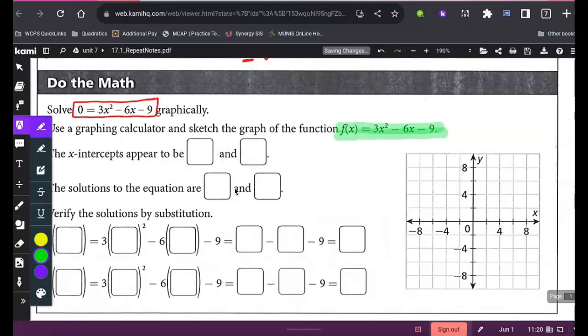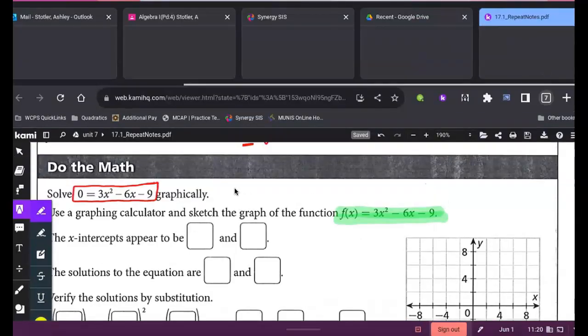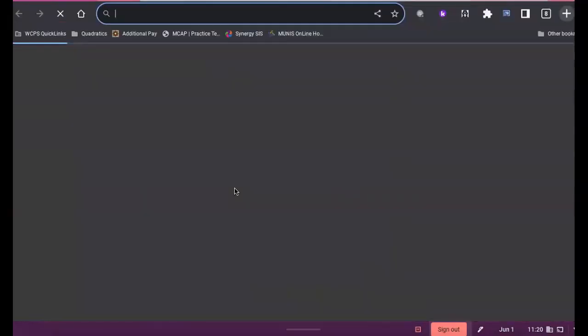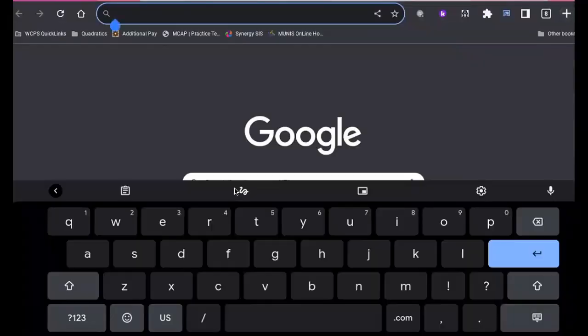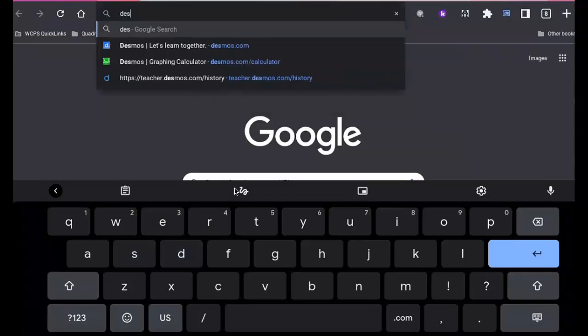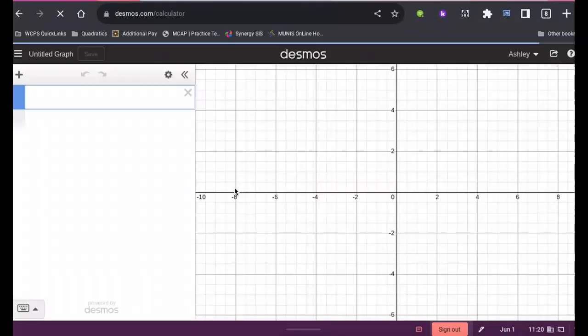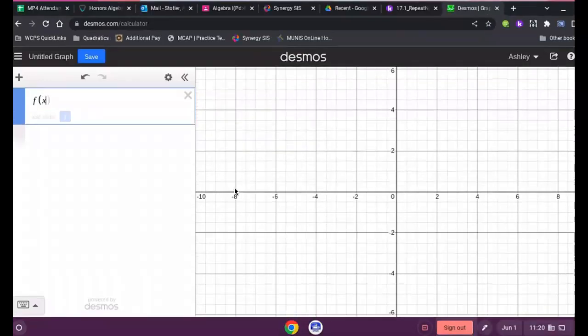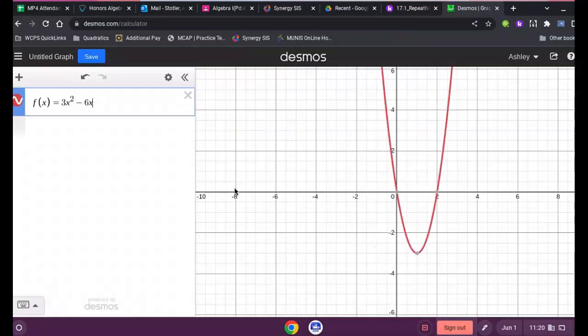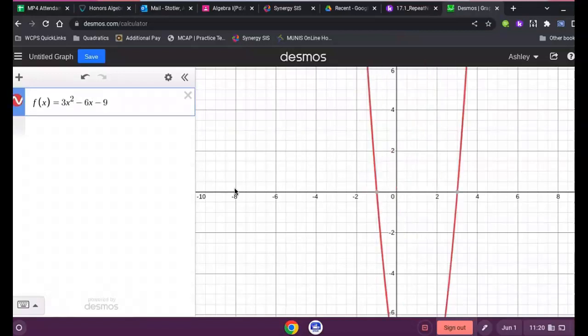So I'm going to open up a Desmos graphing calculator, and we're going to type in the equation: f of x equals 3x to the second power minus 6x minus 9.